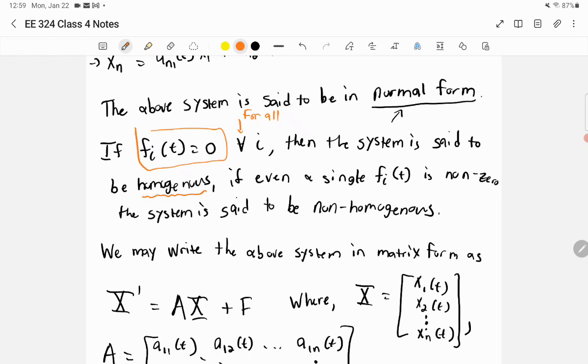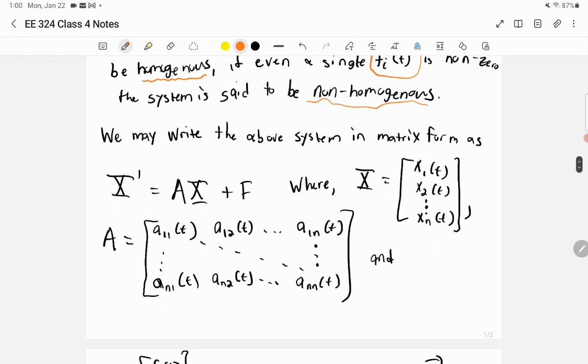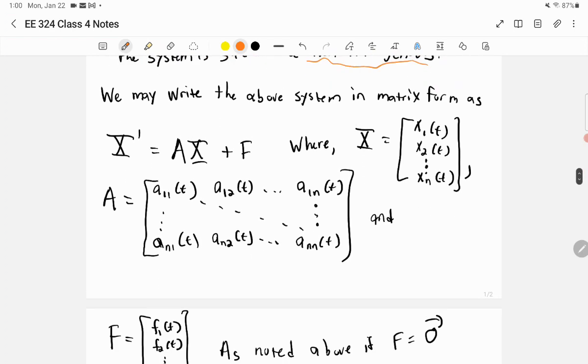So this is just like before. We're going to have homogeneous and non-homogeneous cases, except in this case, if even a single one of those differential equations has a term, a function of t, that is non-zero, then the system is said to be non-homogeneous. Okay? So that's going to be a key difference here.